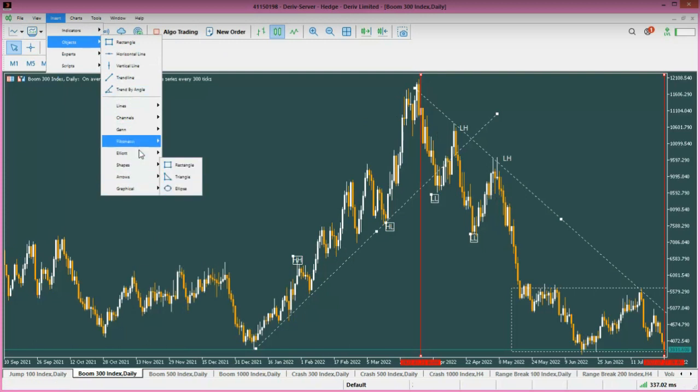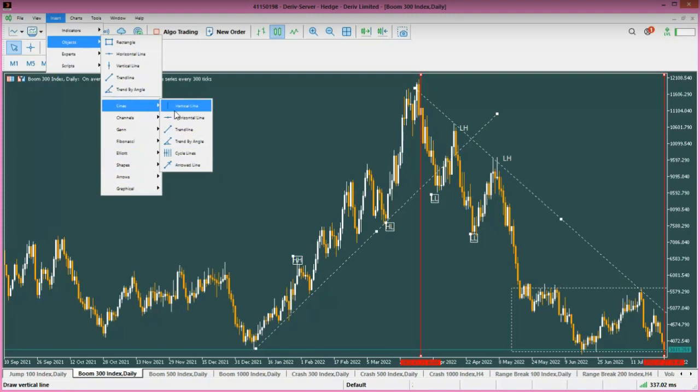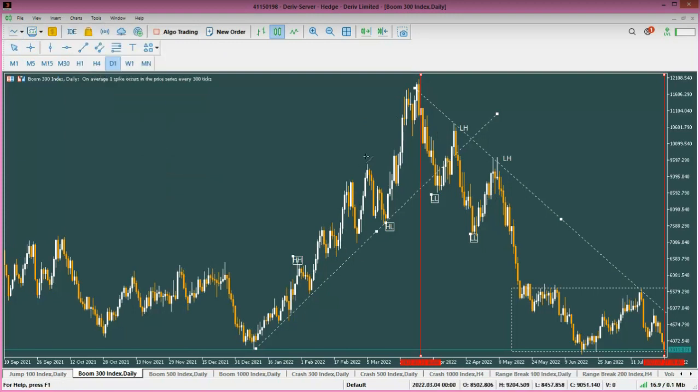Where can I get this triangle? Let me check. It is not there. I normally don't use these things, so I think that's the reason I'm getting lost. Okay, there you are, I think.